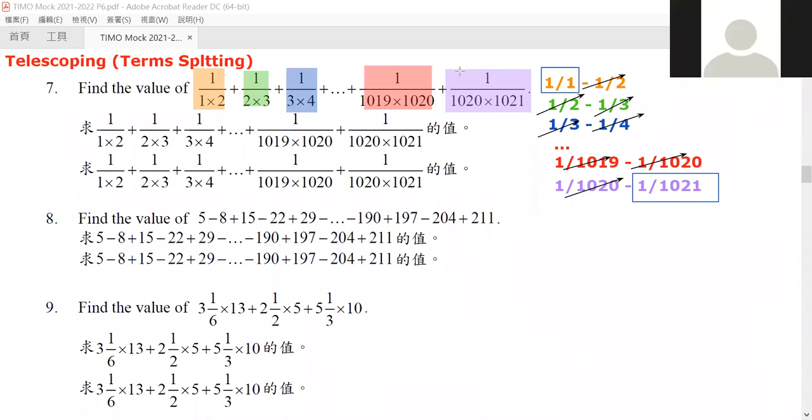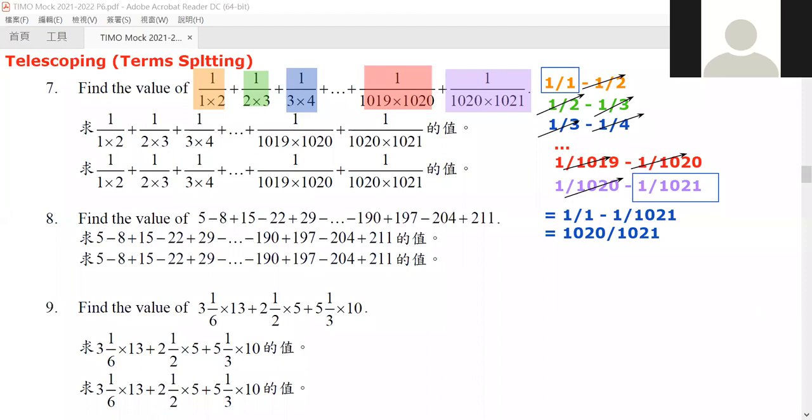So our answer is this. Okay, this method is called telescoping. We split the terms into this part, and then we find out that most of them can be canceled out.